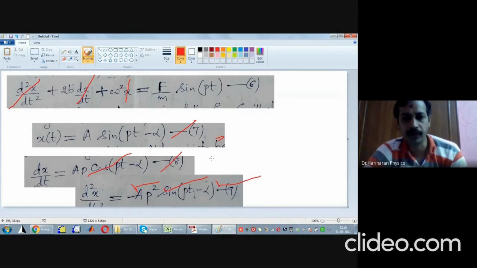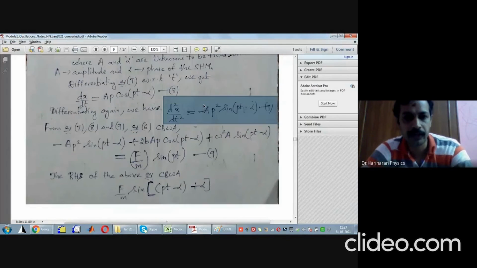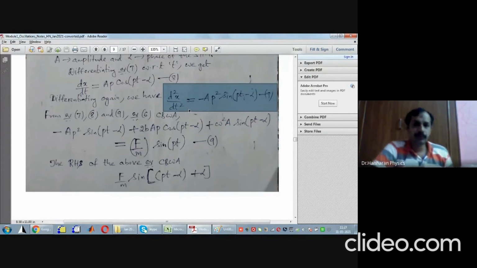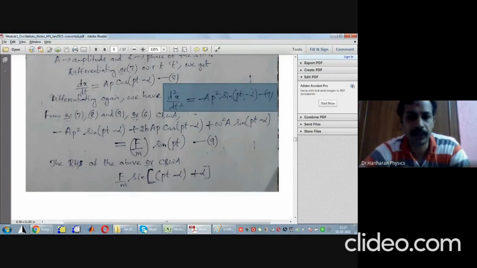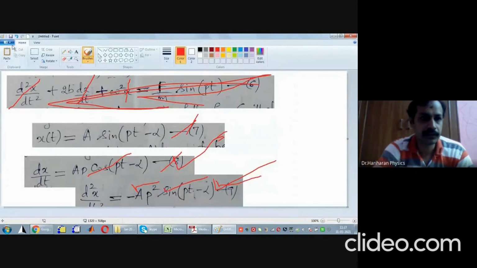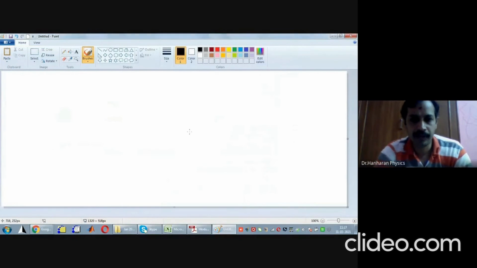Now what I have to do is substitute the values of x, dx by dt and d square x by dt square from equations 7, 8 and 9 in equation 6. If we do that, what we are going to get is a big expression. Let me have a fresh file.